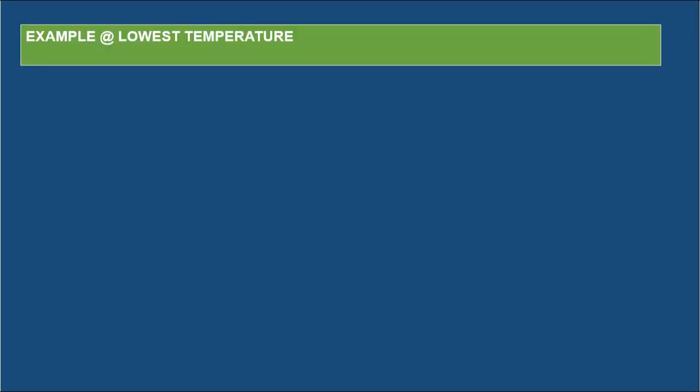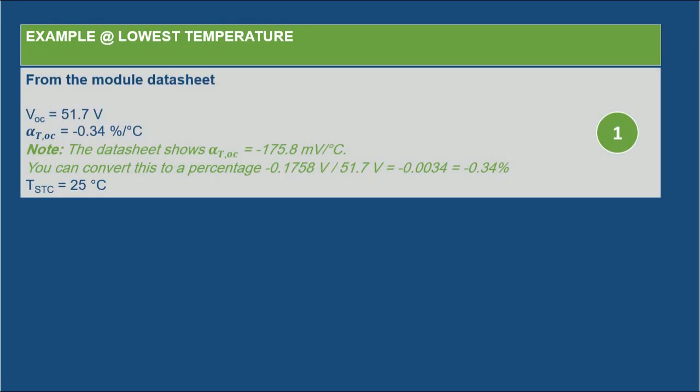Here we have an example, and we are going to correct the voltages at the lowest temperature. From the datasheet of the module, we get the open circuit voltage and the temperature coefficient, which is minus 0.34% per degree Celsius.